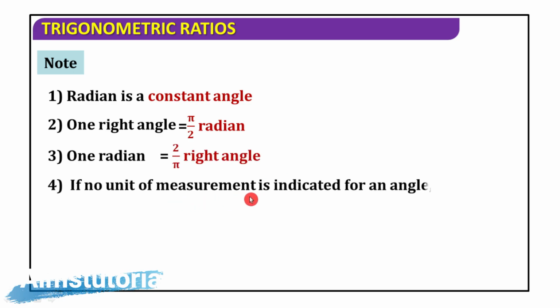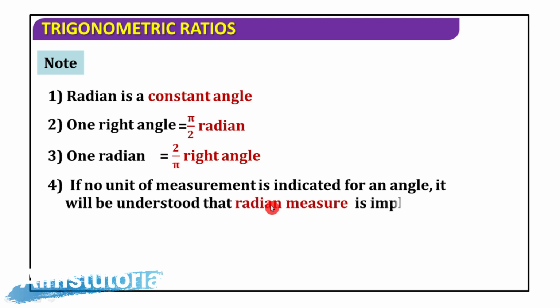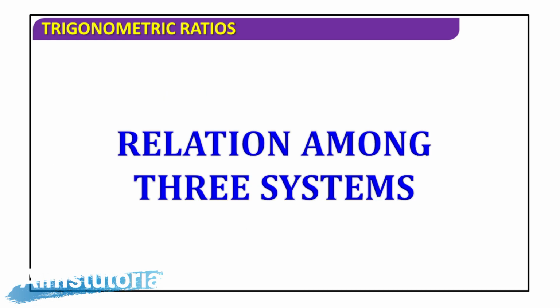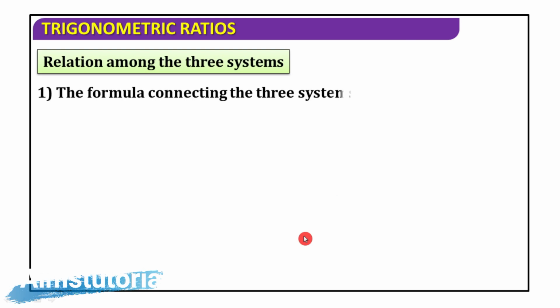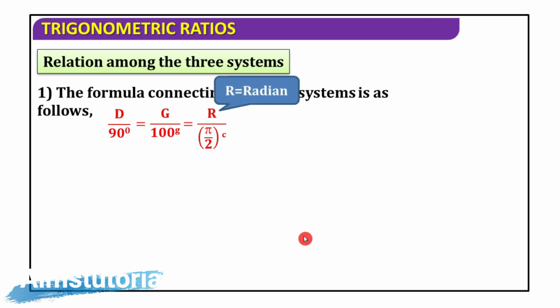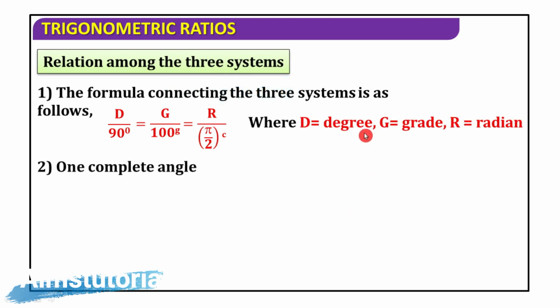If no unit of measurement is indicated for an angle, it will be understood that radian measure is meant. Relation among three systems: the formula connecting the three systems is d by 90 degrees equals g by 100 grades equals r by pi by 2 radians, where d is degree, g is grade, r is radian.